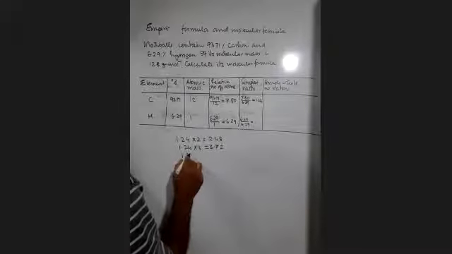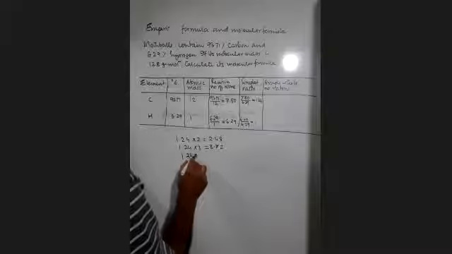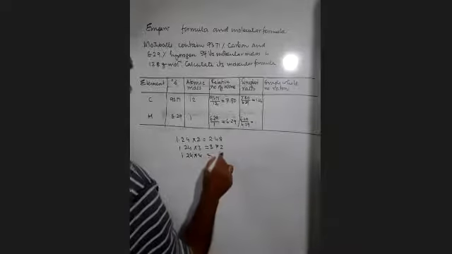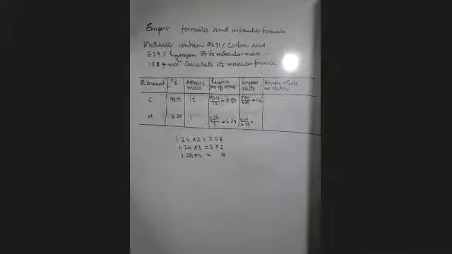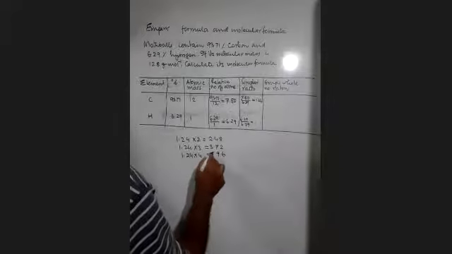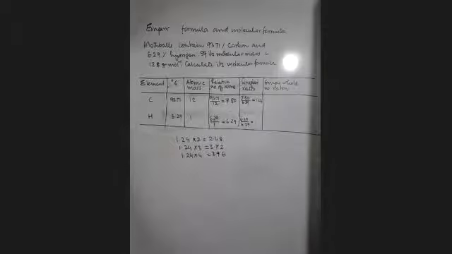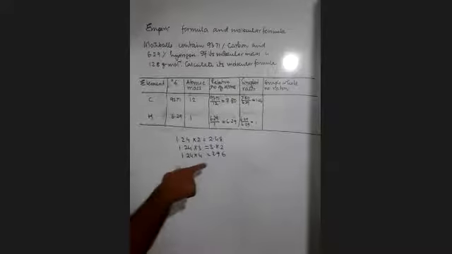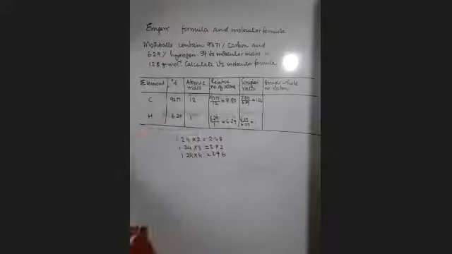If I multiply by 4, this will be 4 and this will be 3.96, which is almost equal to 4.